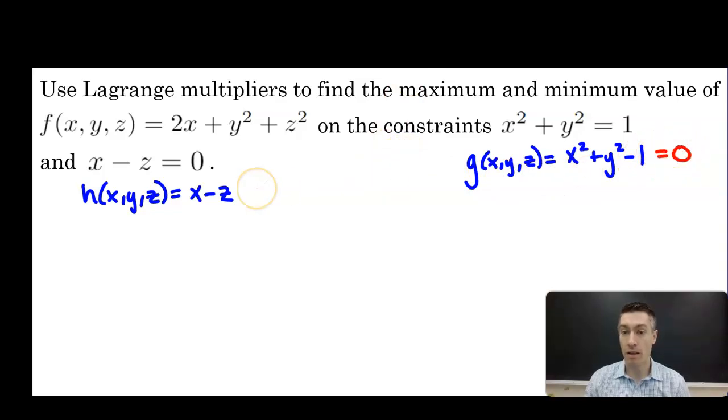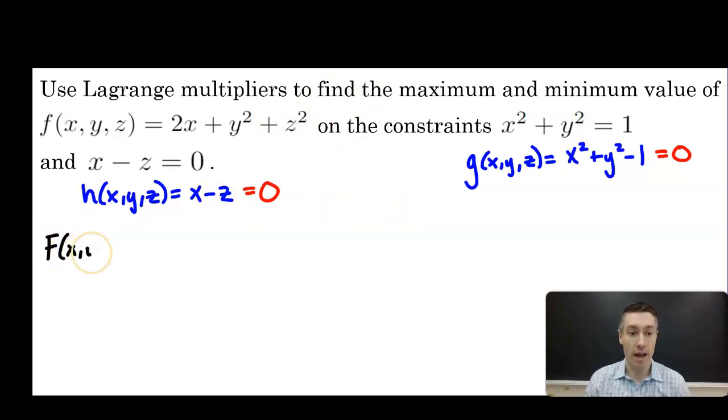Again, we're assuming that each of these curves is equal to 0. Okay, and I just should clarify, these are constraint surfaces now, not curves, because we are working in 3 space. It's just habit to call them constraint curves when talking about Lagrange multipliers. So let's build our Lagrangian function.